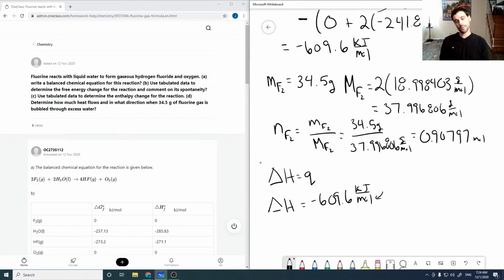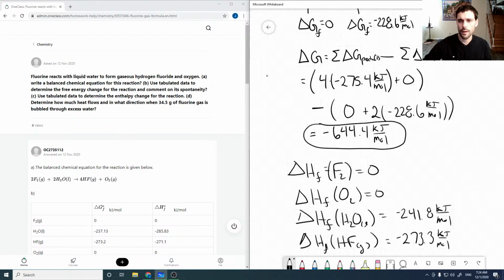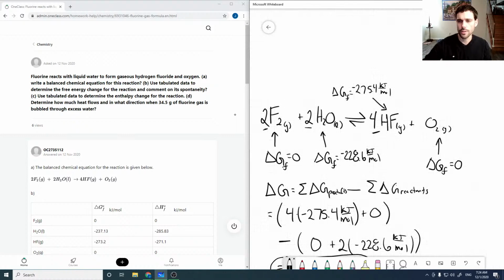So the way I like to think about this, even though this isn't a proper unit, is mole of reaction. So this is per mole of reaction, or per run through our equation. So a mole of reaction is kind of one pass through the reaction.